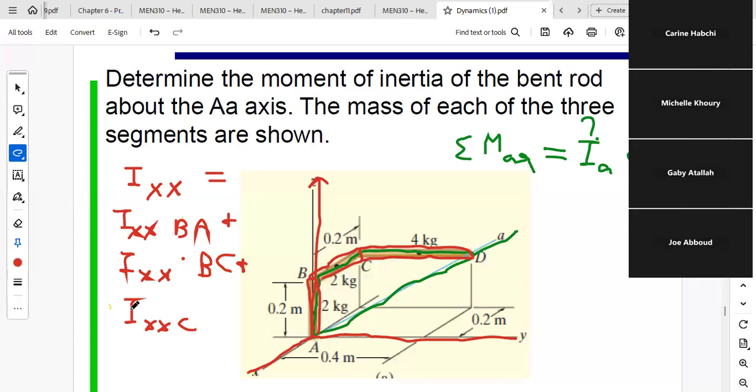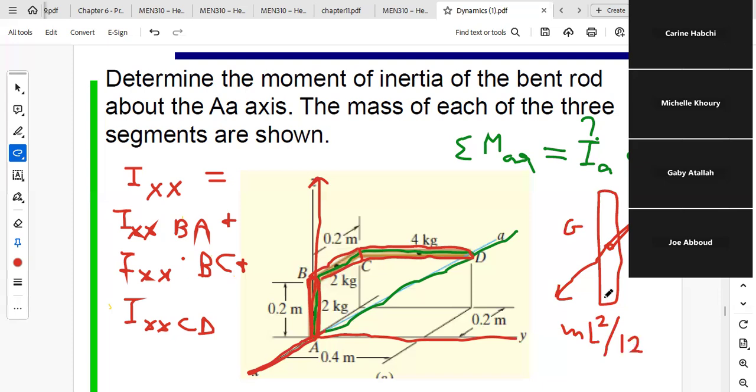If you look at part AB, AB is a rod, and the x-axis is perpendicular to this rod. And if you remember, if you have a rod and an axis passing by its center of mass and perpendicular to it, the inertia about this axis is ml square over 12.